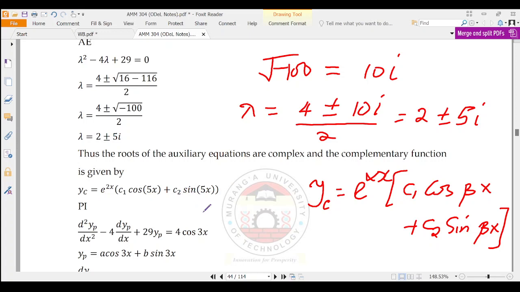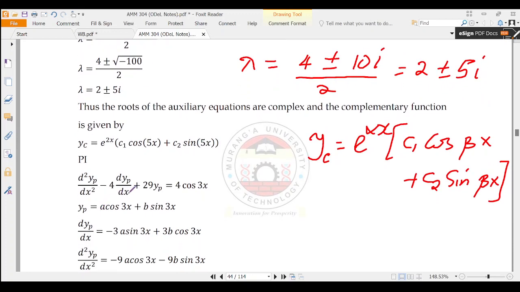So we get this solution. For the particular integral, we are now solving the non-homogeneous differential equation. Our function f of x is 4 cosine of 3x.